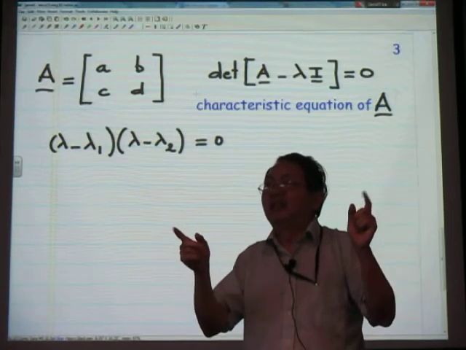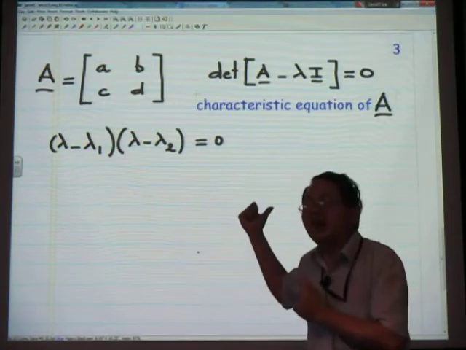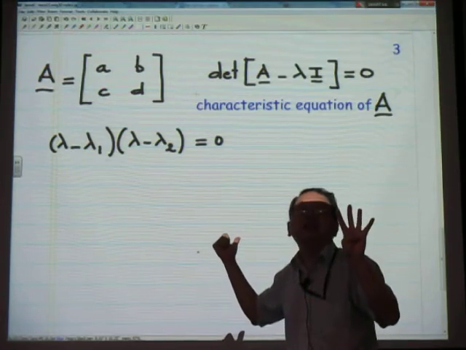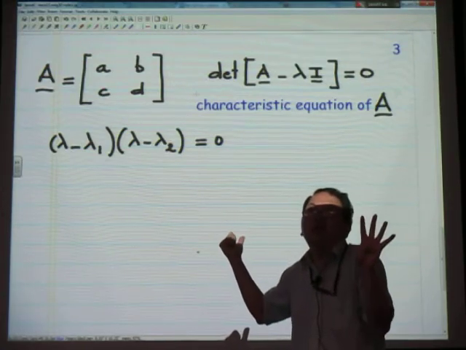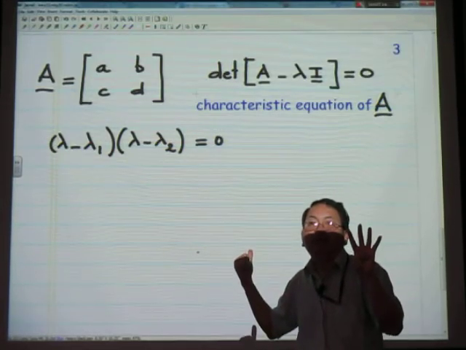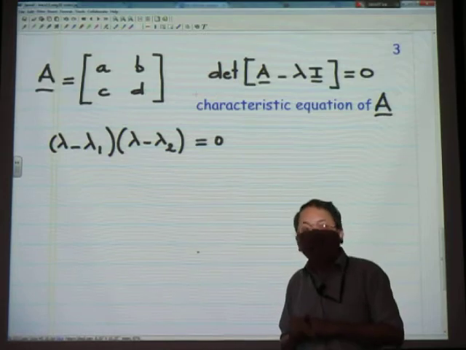Well, you know lambda 1 and lambda 2, right? How many unknowns do you see up here? A, B, C, D, right? You don't know A, B, C, D. You want to find A, B, C, D. So four unknowns. How many equations?